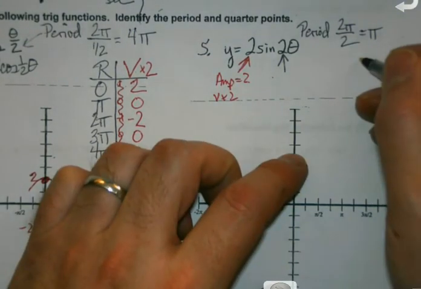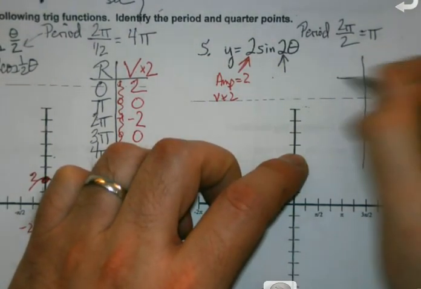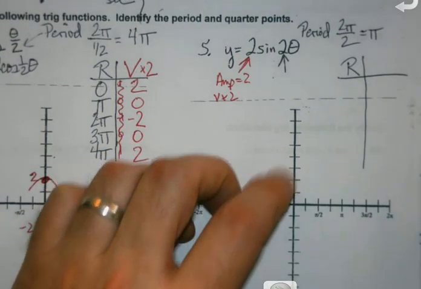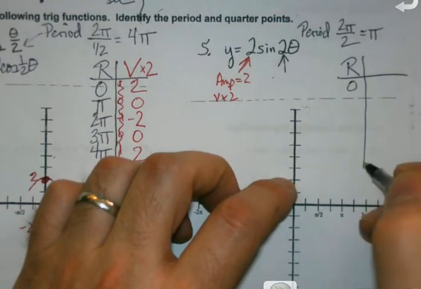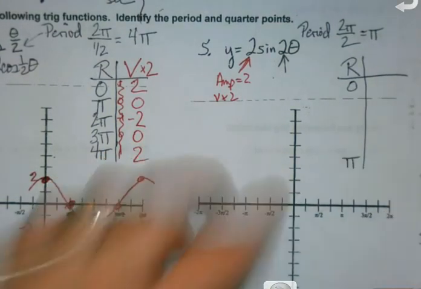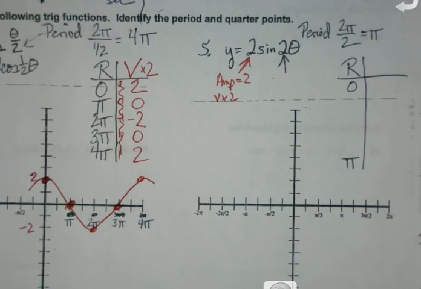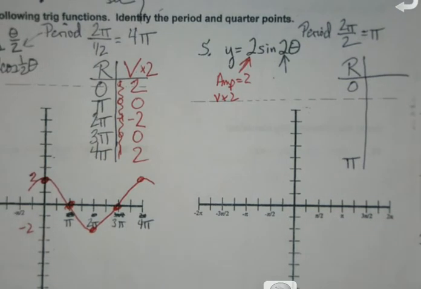Now, this is the time that I'm going to talk about what we started to do yesterday some. I know I'm starting with 0. I know I'm ending with pi. Remember, when you're doing these, think about the base and work from that.